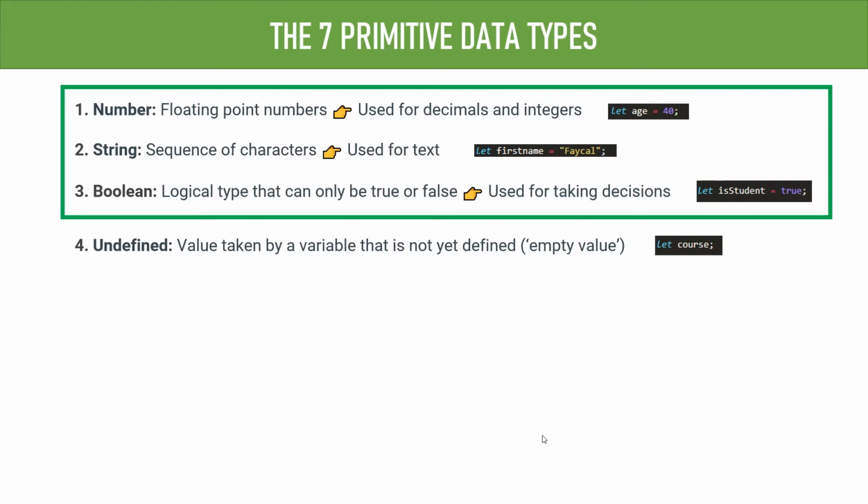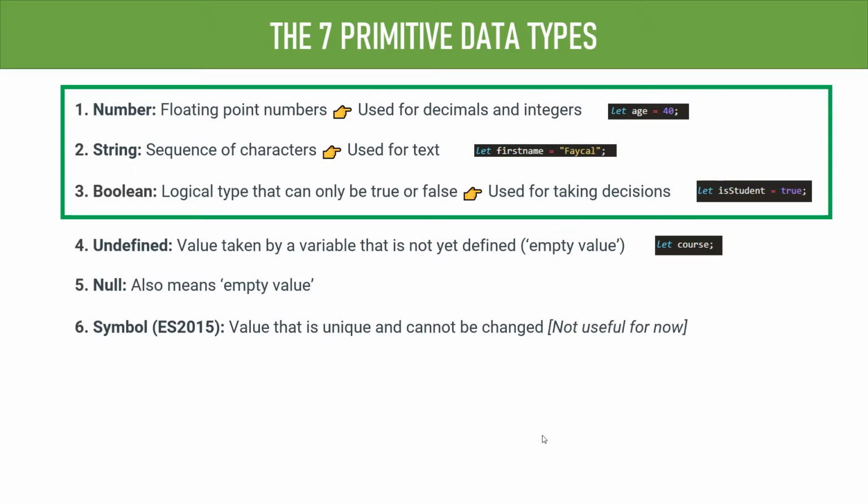Then there is also null, which is actually pretty similar because it also means empty value, but it is used in different circumstances. But for now, don't worry about the details, please. I just want you to know that null also exists. Anyway, next we have symbol, which was introduced in ES2015, and this data type is not really useful for us. It simply defines a value that is unique and cannot be changed.